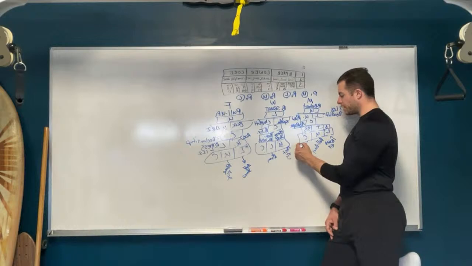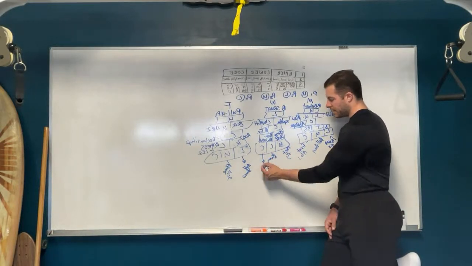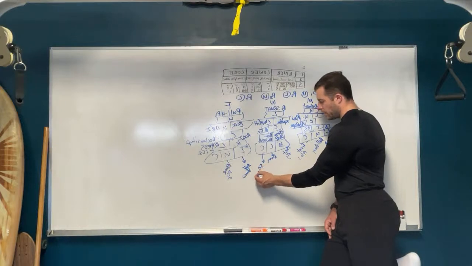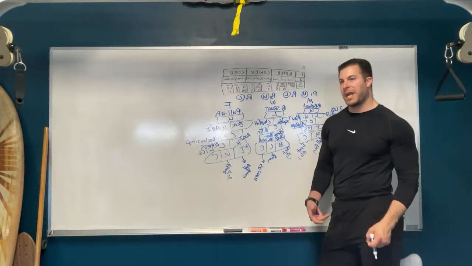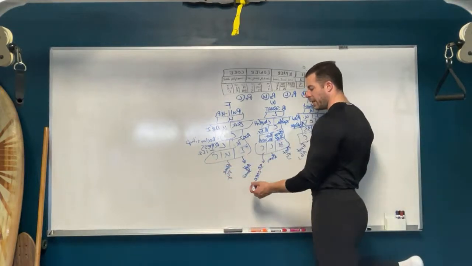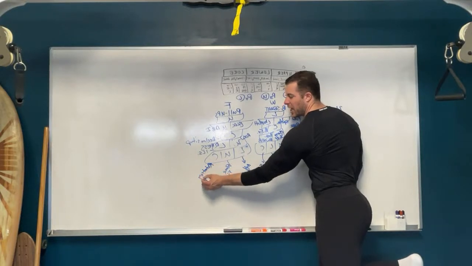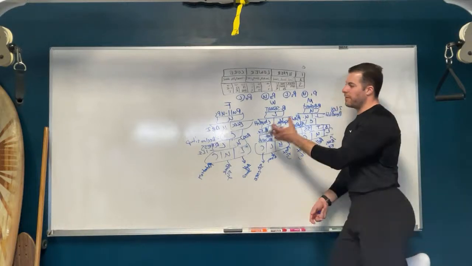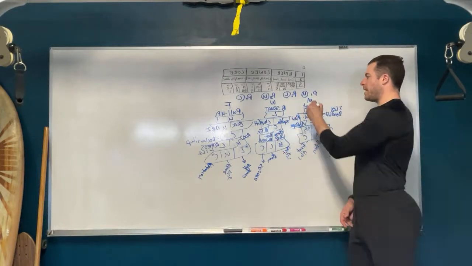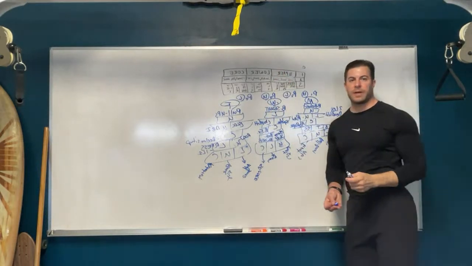And then for core, since we got front here, we could do side core here, into a side plank or lateral bends or one arm with a weight. And then for core here, we could do rotational core or some type of chop, some type of lift, some type of rotational aspect. So we're getting a full mix for Monday, Wednesday, Friday, full body approach using the categories of exercises.